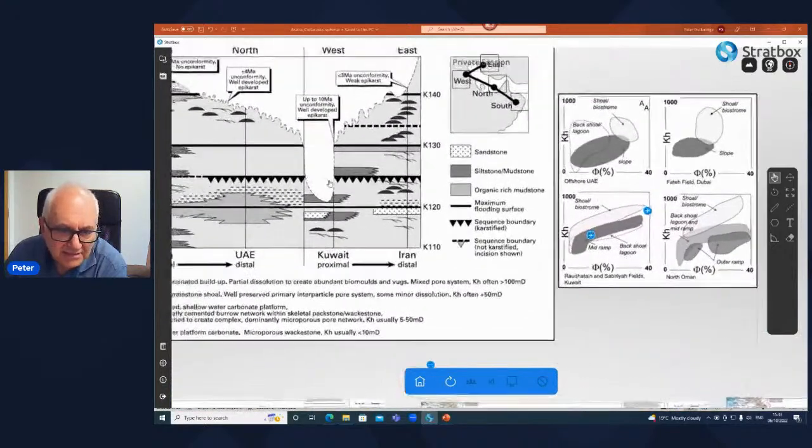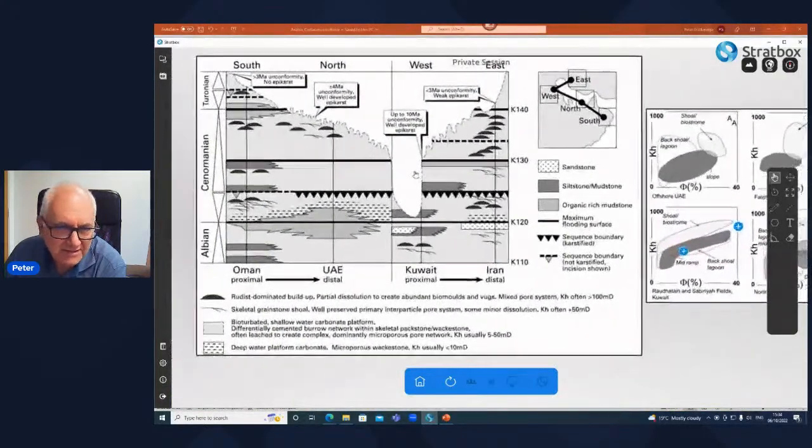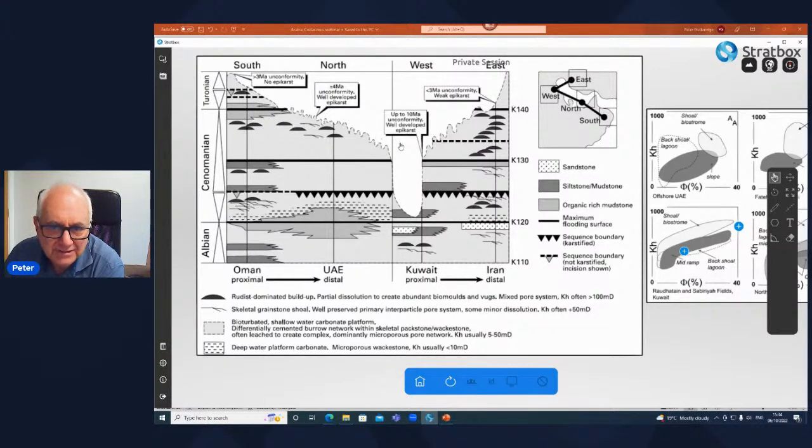This is a paper published by Kathy Hollis, who mapped the amount of erosion through the Gulf area, so Oman in the south, UAE through to Kuwait and Iran, showing that there was fairly major erosion in the central to northern part of the Arabian Gulf, decreasing to the south and to the east.